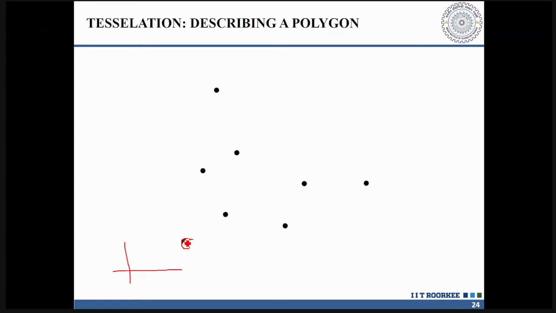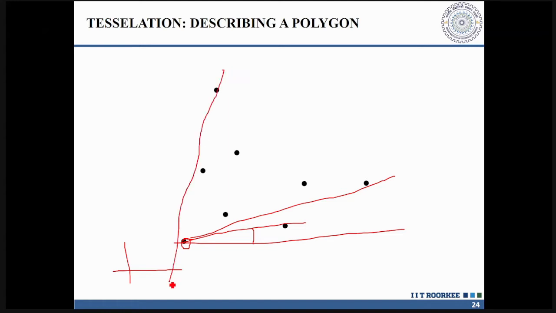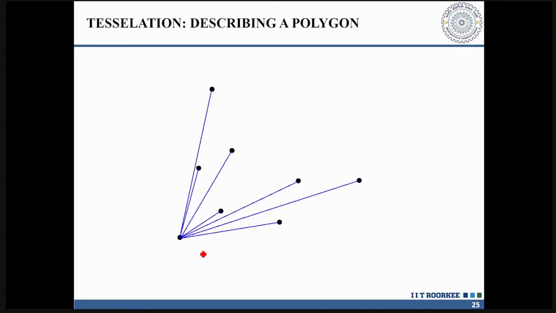Now, with respect to this particular point, arrange all the points in the increasing order of their polar angles. Start measuring the angles. This is your acute angle, and this other angle is the obtuse angle. So with respect to your first point, arrange all the points in increasing order of their polar angles.